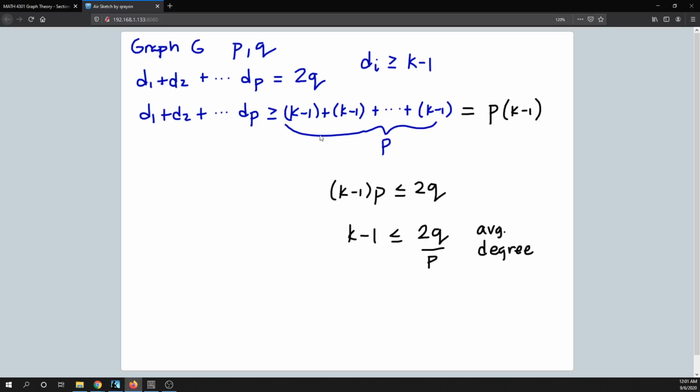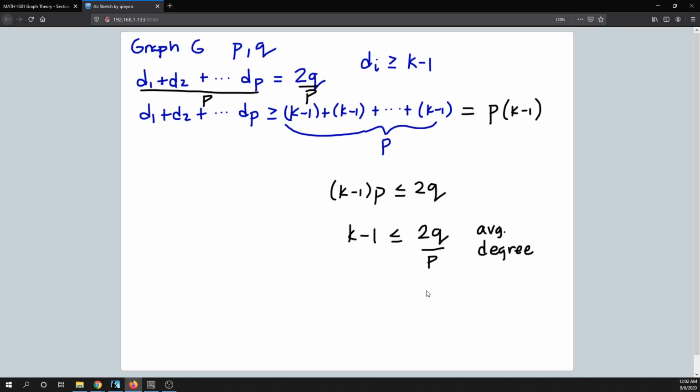You can see that's true by going back to that very first equation. If I divide both sides by P, it's easy to see that this is the average degree, because I'm adding up the degrees and dividing by how many I've got. That's the average, so 2Q over P is the average degree.